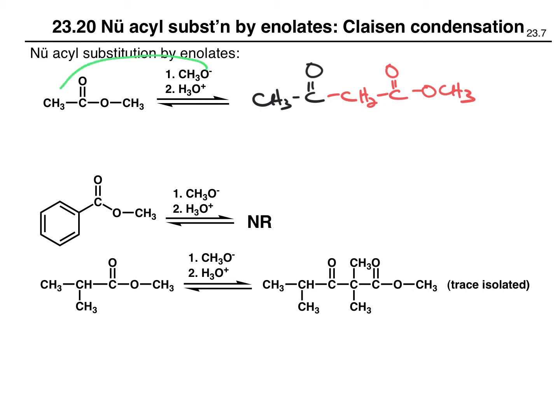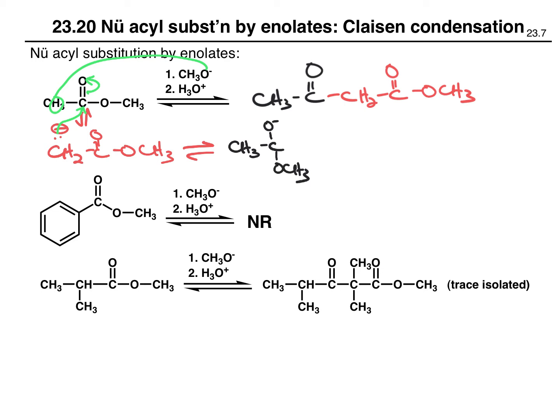So methoxide can grab off a proton from the alpha position, so that we can generate some of this enolate. But remember, the position of equilibrium lies toward the starting material, so there's plenty of ester around, which means the enolate can now act as a nucleophile, share its electrons with the carbonyl carbon, push these electrons up onto the oxygen, giving us an intermediate that looks like this.